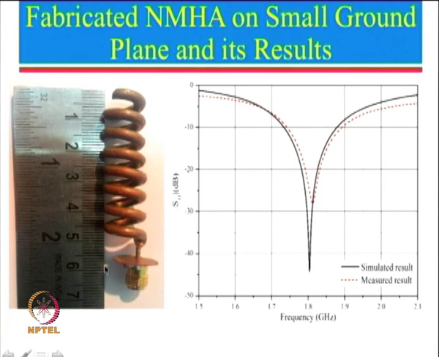Or you can think about a monopole antenna over a very small ground plane size. So helical antennas are very good; they can give us a small height antenna. It also has a little bit of the other polarization. It is not just completely vertically polarized E, but it also has a horizontal polarized component.